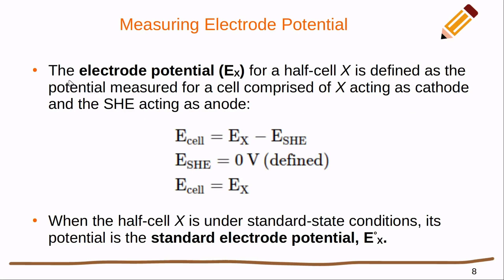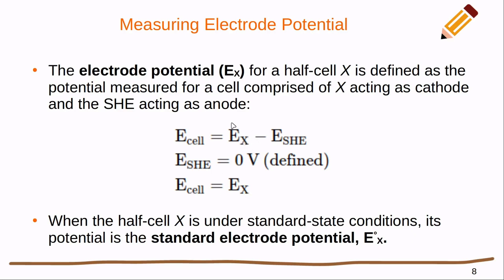So now the electrode potential for a half cell is defined as the potential measured for a cell comprising X acting as the cathode and the SHE acting as the anode. So what we do is we put that SHE in there for the anode where things are getting oxidized, and then we always have the other cell acting as the cathode, and then we measure the voltage across that.